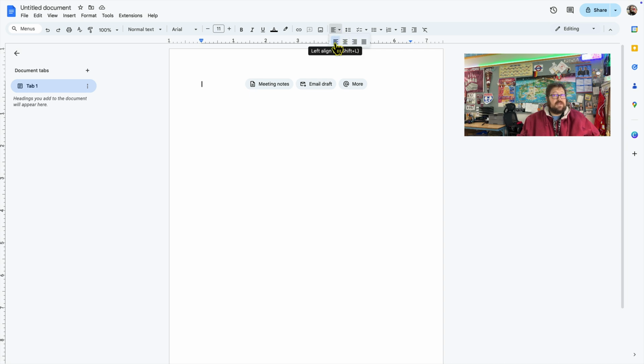Now, if you're doing this on your phone, you're on your own. I don't hardly ever use my phone for this kind of thing, so I'm just showing you how to do it on a regular computer or a Chromebook. And you're going to come over here, and you're going to tap on right align. Okay, now this is just for your name and period number. Once we are done with that, we're going to shift it back over to left alignment. Okay, that's where you want to be.